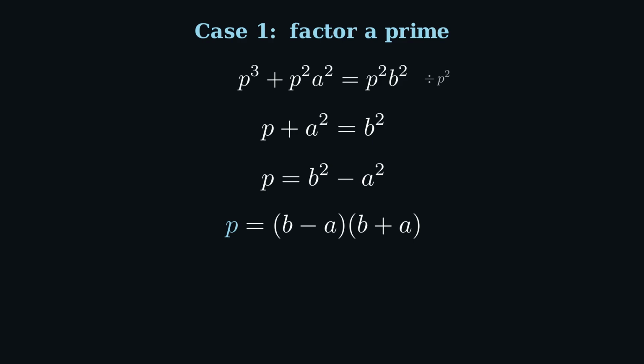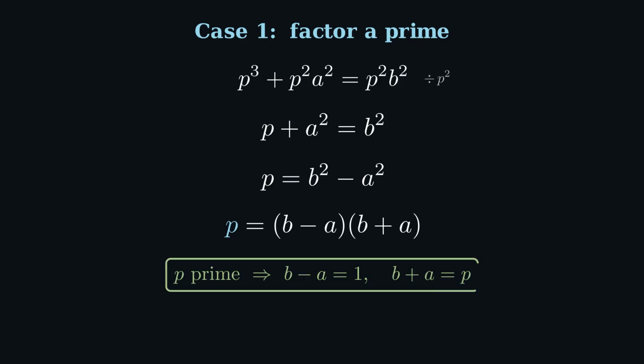And since p is prime, there's only one factorization possible, 1 and p. And since a and b are positive integers, a plus b is the bigger number, so we know that b minus a equals 1 and b plus a equals p.